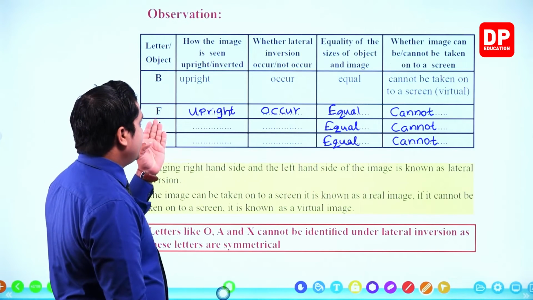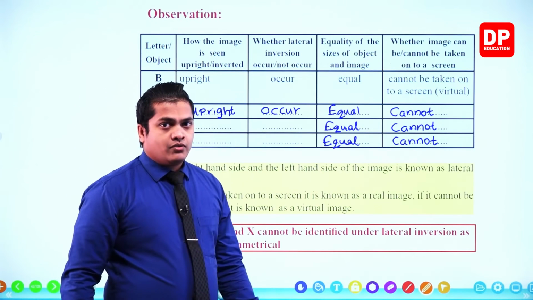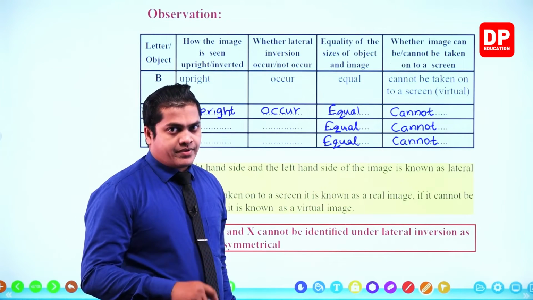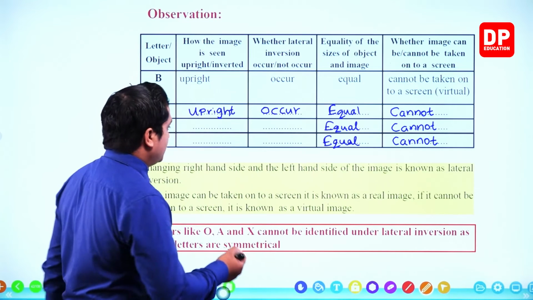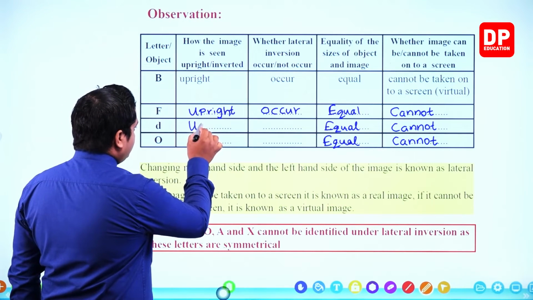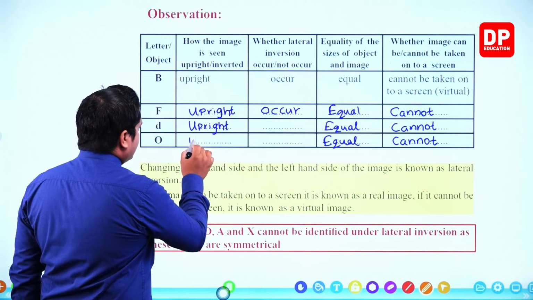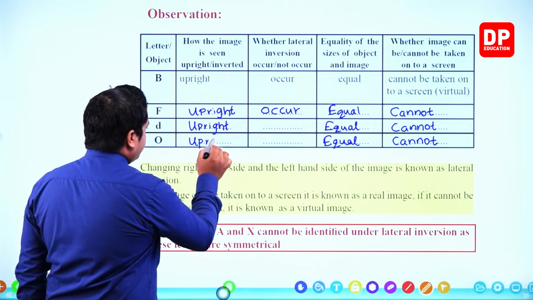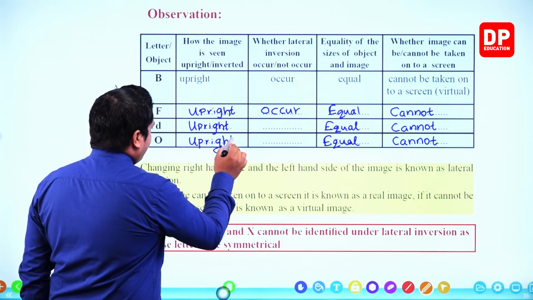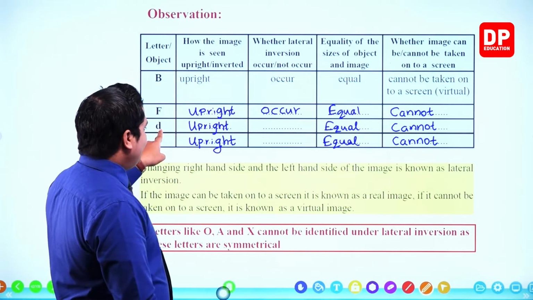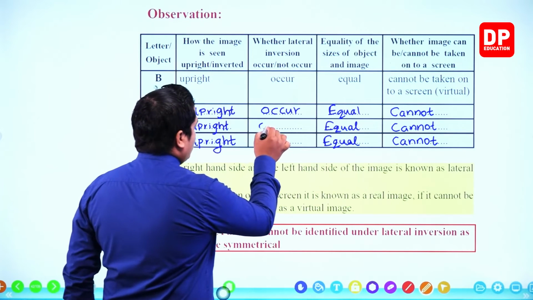Right. Then my dear children, the uprightness or the invertedness. All the images created were upright. Quite obvious. Upright. Then the lateral inversion. For letter D, lateral inversion occurs.